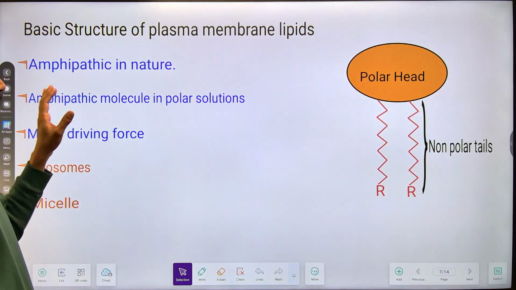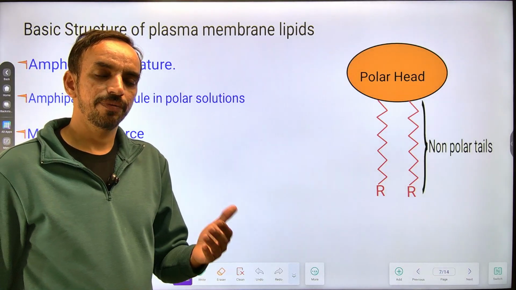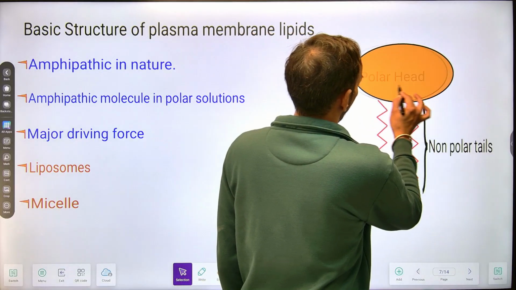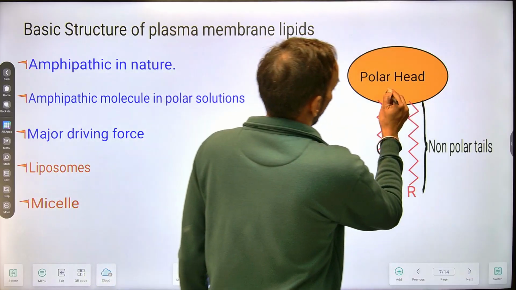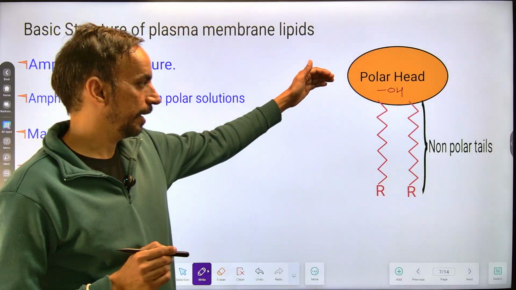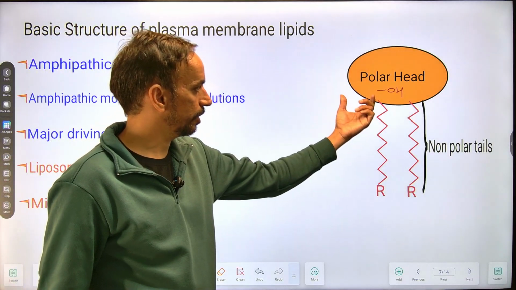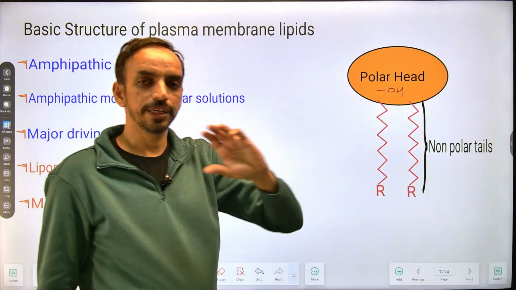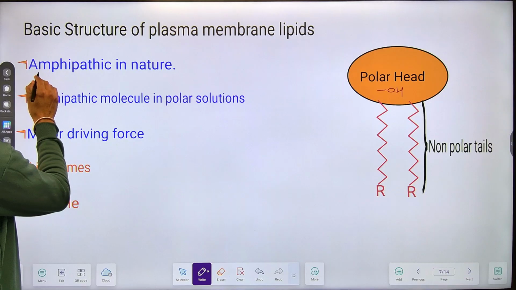Next, the structure of plasma membrane lipid. अब चाहे फ्रेमवर्क अल्कोहल स्फिंगोसिन हो, चाहे फ्रेमवर्क अल्कोहल ग्लिसरॉल हो, we are having a polar head where there is a presence of a hydroxyl group that provide the polarity or hydrophilicity to the head, and there is a presence of non-polar tail. जैसा कि हम पहले डिस्कस कर चुके हैं, the molecule having both hydrophilic that is polar and hydrophobic that is non-polar ends or groups, that molecule is called as the amphipathic molecule.